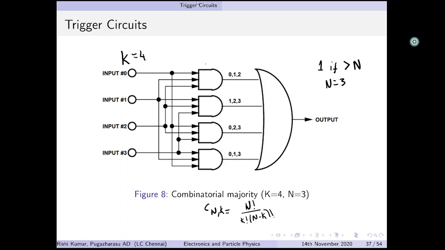There's a different strategy to build the exact same thing: you use random access memory, just RAM. Why would you use RAM? Well, it's used as a lookup table, and we call this type of circuit a magic box.